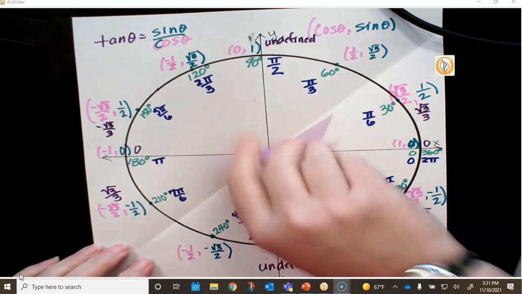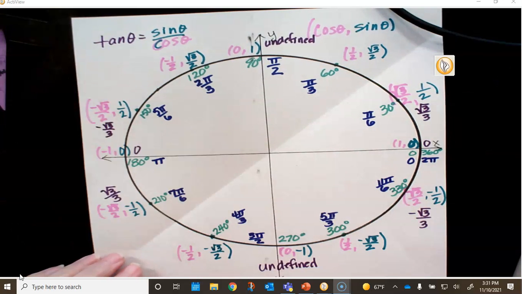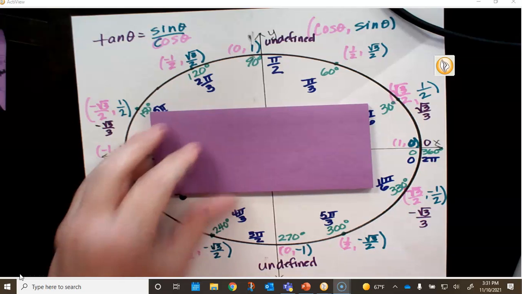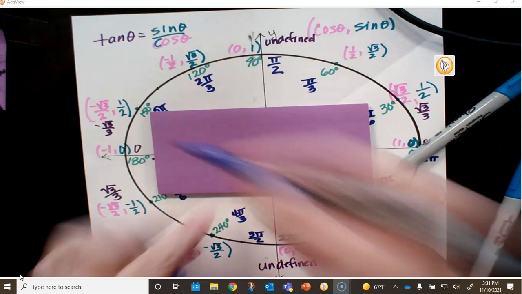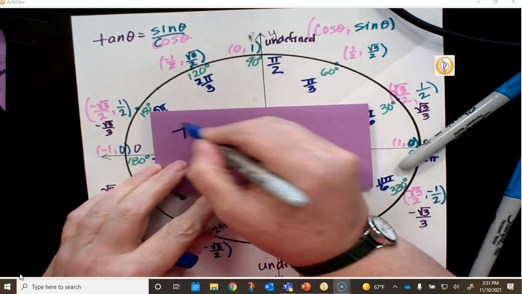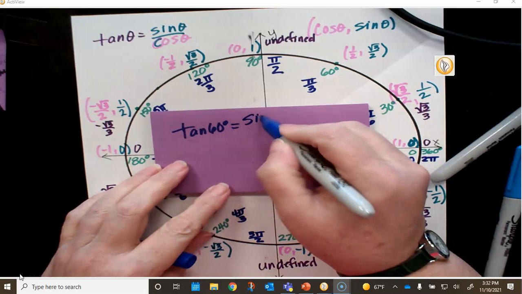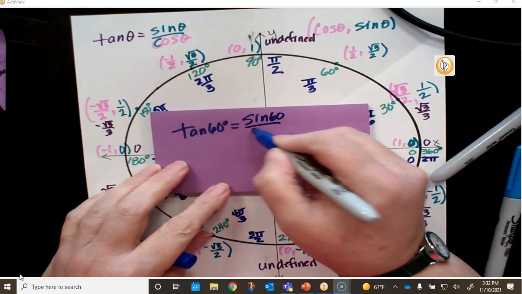So the only thing left to fill in here is the tangent. So we know the tangent is sine divided by cosine. So the tangent of 60 is the sine of 60 divided by the cosine of 60.